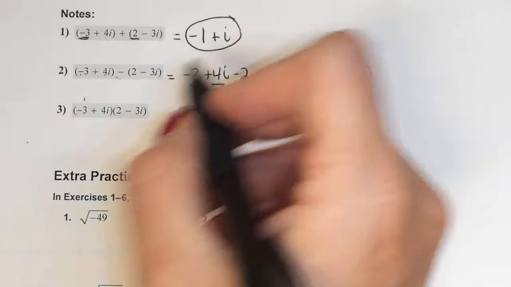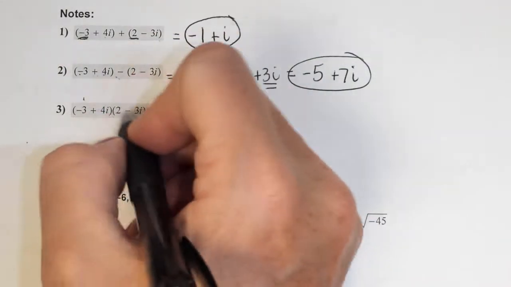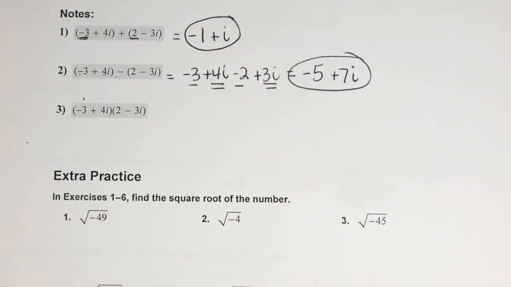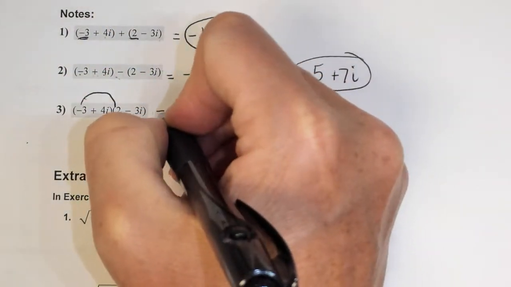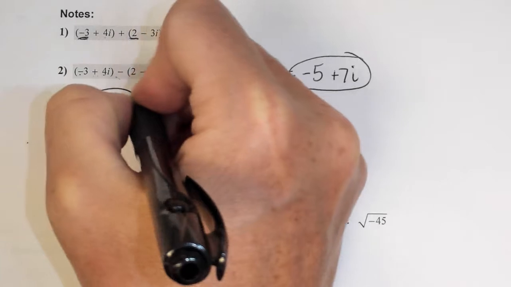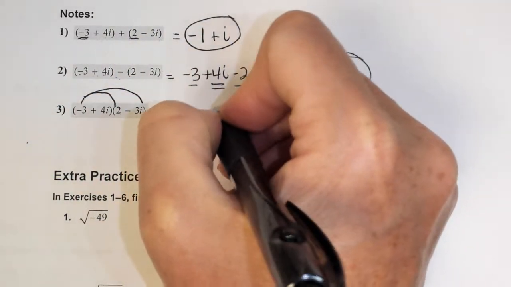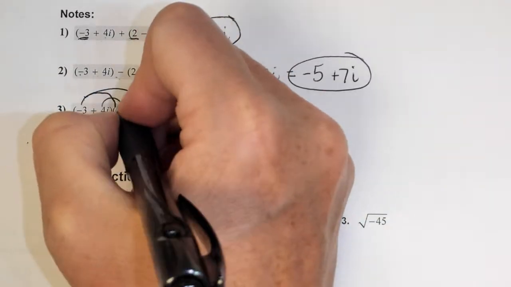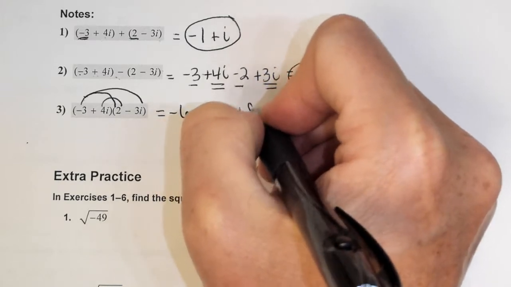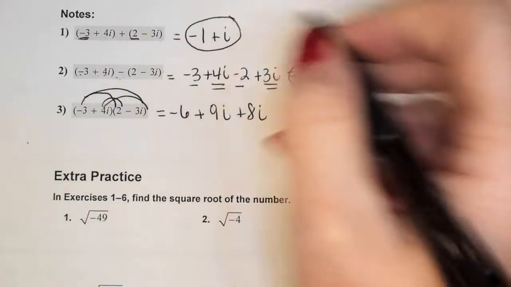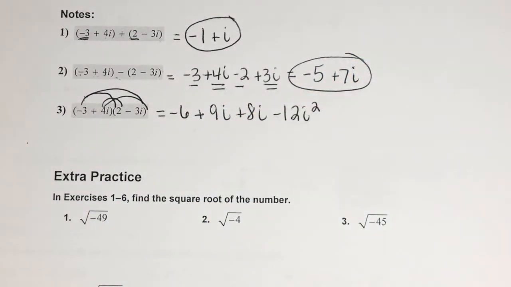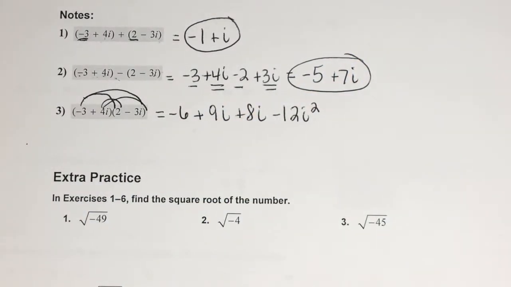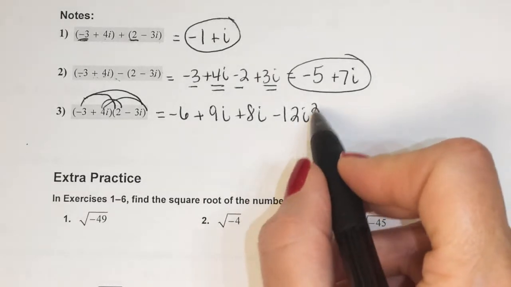And then in number 3, this is multiplication. What do we have to do on multiplication? We have to FOIL it out. Yep. So we have to do negative 3 times 2. I have to do the outers. That's positive 9i. I have to do the inners. That's positive 8i. The last times the last is negative 12i squared. Well, what is i squared?